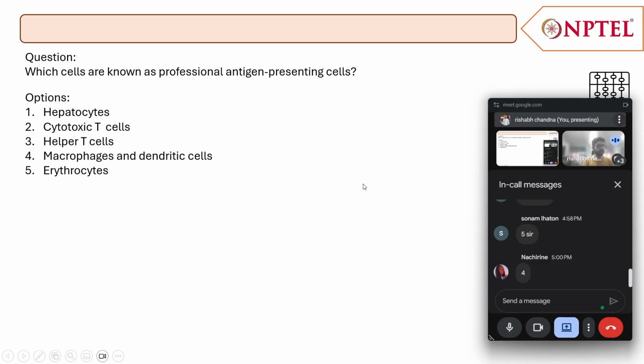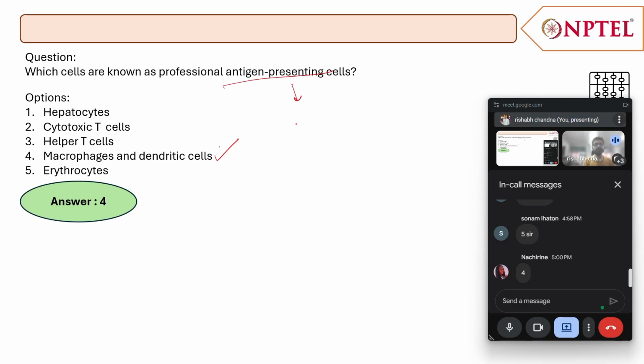Yes, the correct answer is option number 4, the macrophages and the dendritic cells. So these are the professional antigen presenting cells that phagocytose the unwanted cells, and then present them on MHC to the T cell receptor.